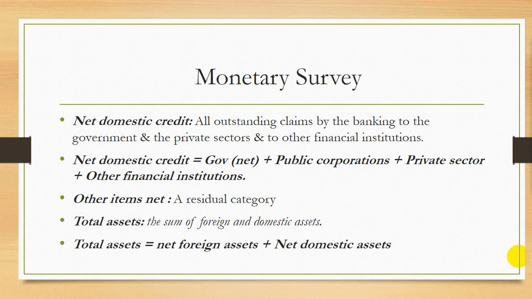Other items net is a residual. The residual means the remaining part. It's mainly related to errors. Total assets is the summation of domestic assets and foreign assets. So total assets is the summation of net domestic assets and net foreign assets.